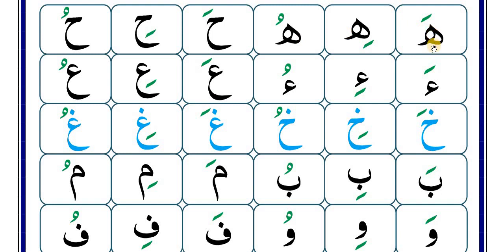Open your mouth and pronounce directly from your chest. This voice will come from your chest. Bottom part of your throat, ha, he, who. Repeat again, ha, he, who.